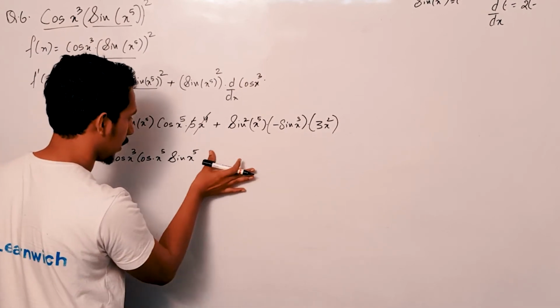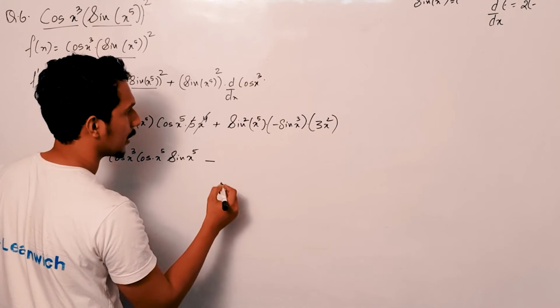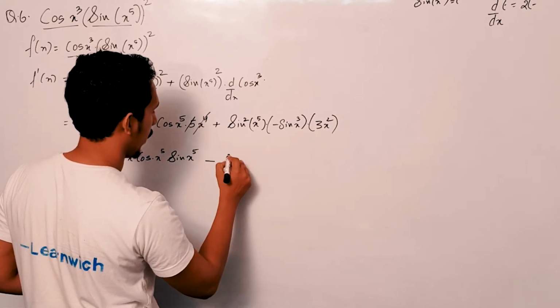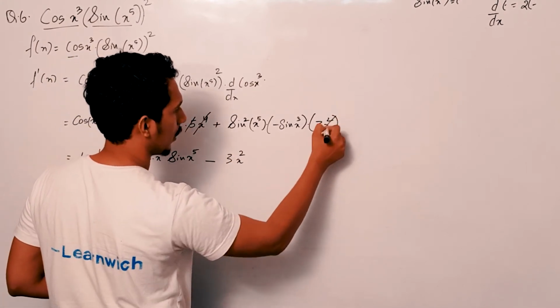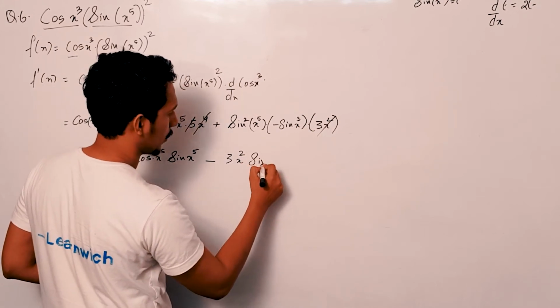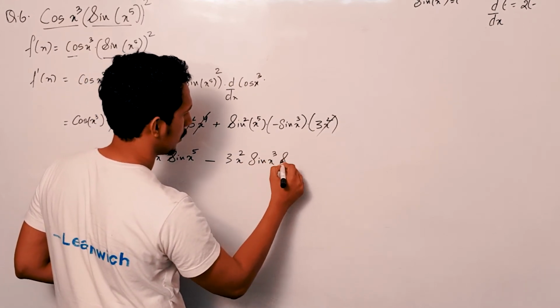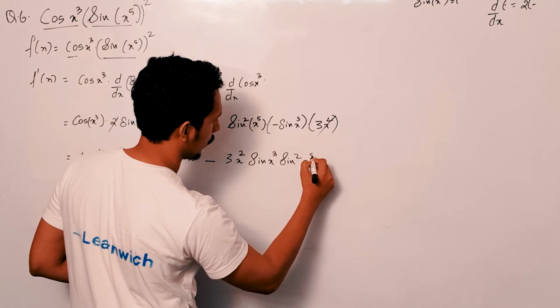Okay, this minus comes here, so this becomes minus 3x square, sine x cube, sine square x raised to 5.